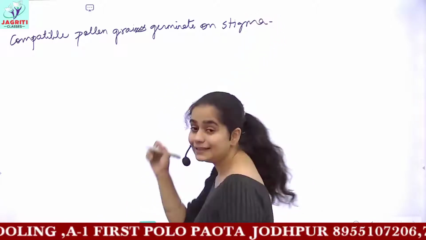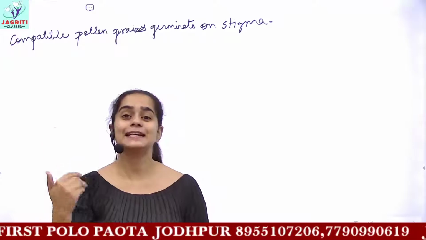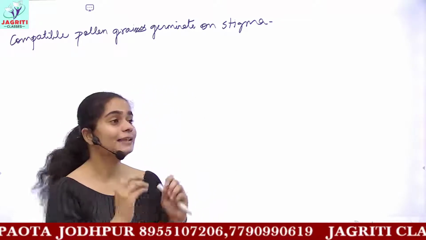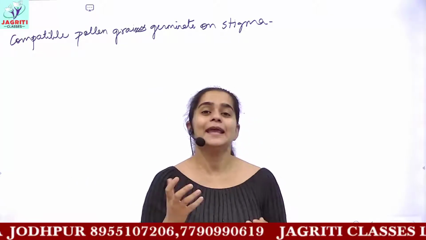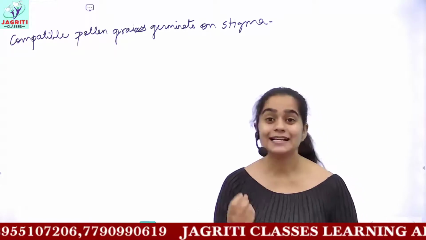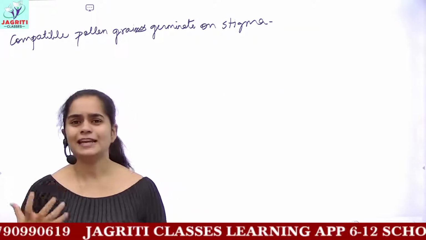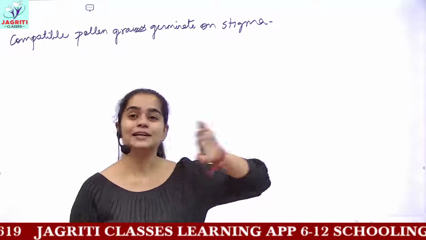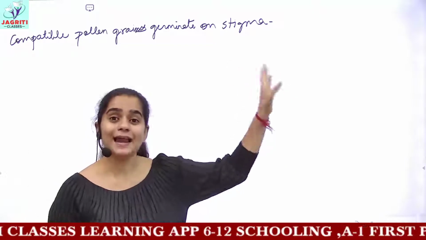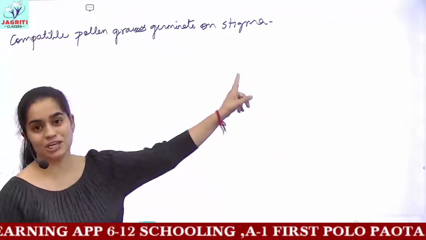When the anther bursts open, the pollen grains are released into the environment. Now these pollen grains would be carried away by biotic and abiotic factors. Abiotic means non-living factors like wind and water. If the pollen grains are sticky, they might be carried away by the water. If the pollen grains are very light, then they are carried away by the wind currents. And once these pollen grains land or get embedded on the stigma, they undergo germination.